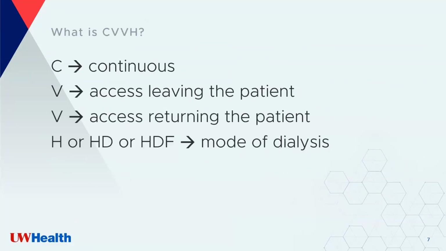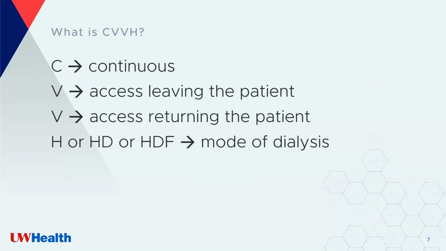And then to jump into CRT, we have 3 different modalities of CRT. We have CVVH, CVVHD, and CVVHDF, and let's break down the acronym for what these letters stand for. So the first letter is continuous because the CRT is running ideally 24 hours a day.